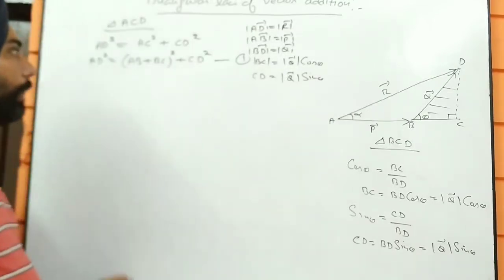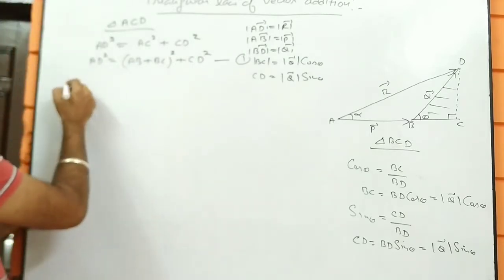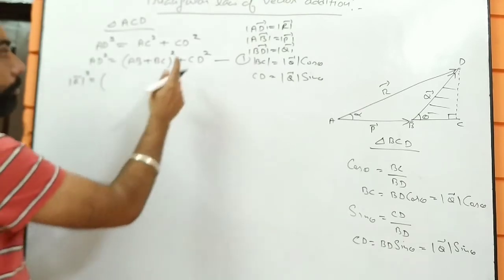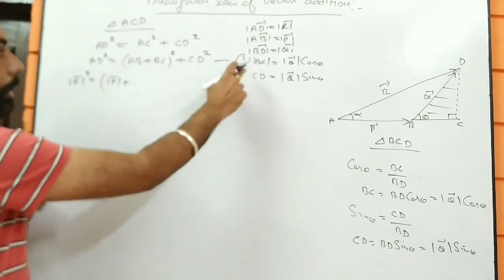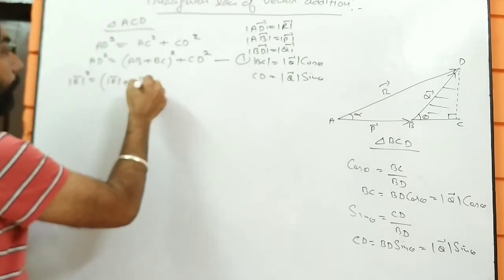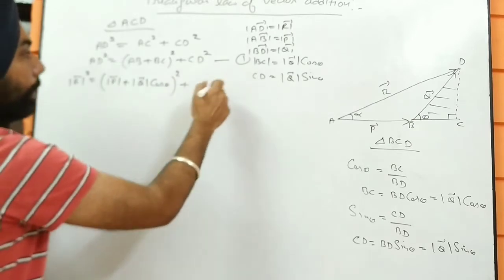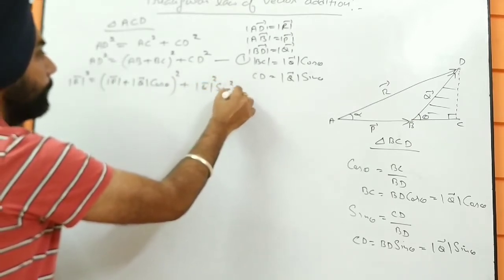Putting all those values in equation 1, you will get your answer. So AD, that is going to be R. Now what is AB? AB is P. Now what is BC? That is going to be Q cos theta whole square. Now what is CD? That is Q square sin square theta.